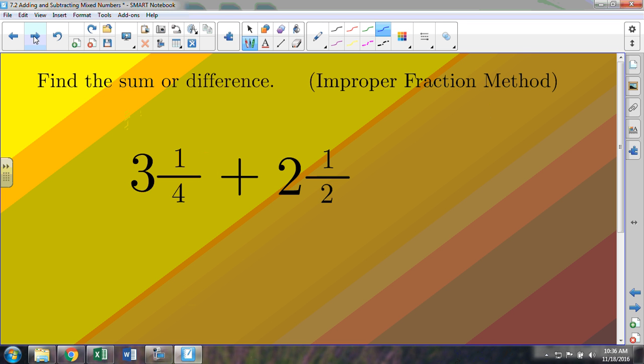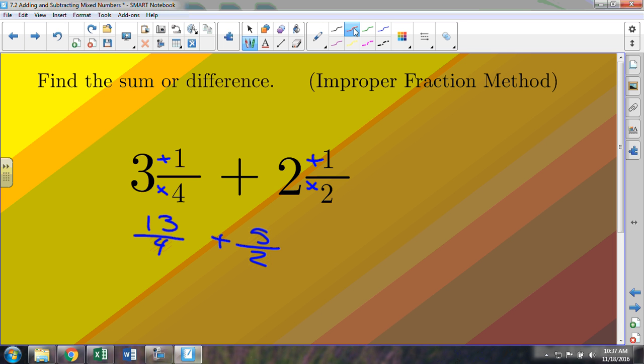Alright, you'll notice this problem is a little bit different because these have different denominators. So with our improper fraction method, we know that we can multiply and add to get 13 over 4. Multiply and add to get 5 over 2. And because the denominators don't match, we then have to add these two fractions. When we went over adding fractions, we saw that there were multiple different ways that we could get this answer as well.